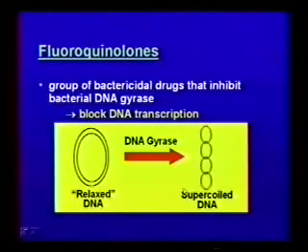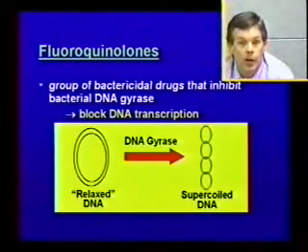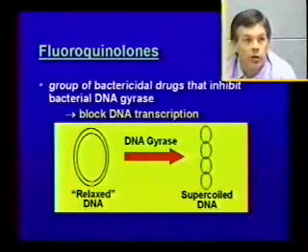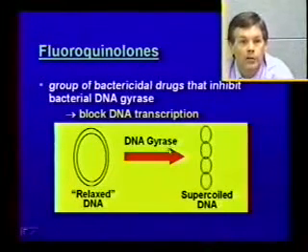Last group of antibiotics, the fluoroquinolones. The fluoroquinolones are a newly developed group of drugs, and have been in the veterinary market the shortest of any of the classes that I've talked about so far. They have a unique mechanism of action. They interfere with DNA metabolism, but they do so by a unique mechanism, and that's shown here in the yellow box.